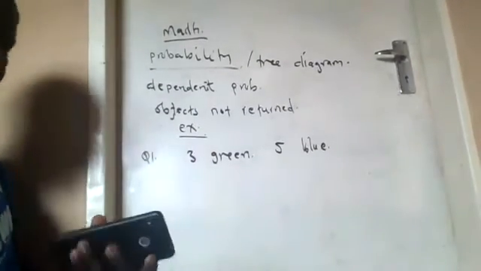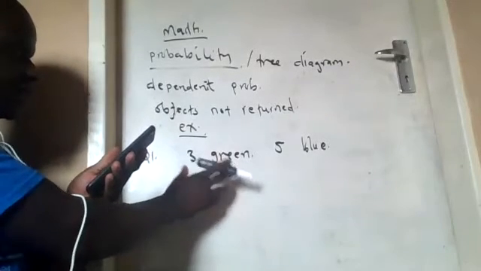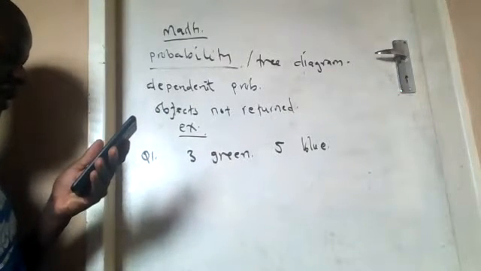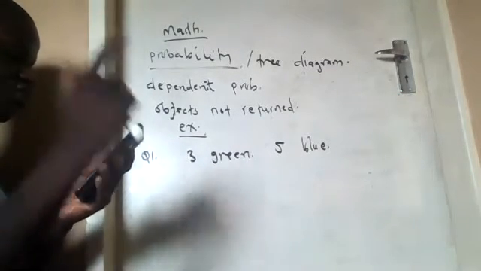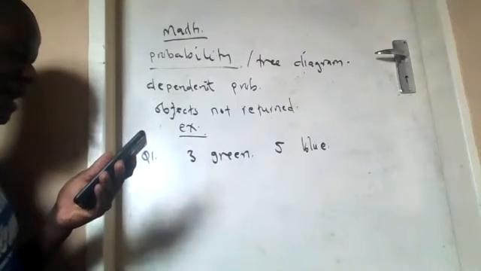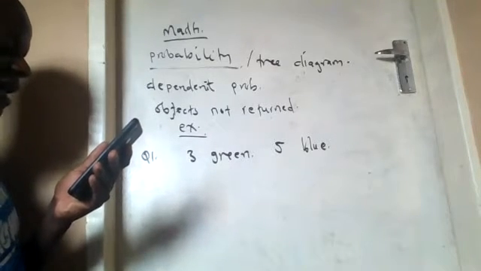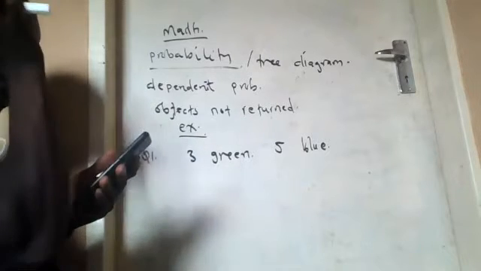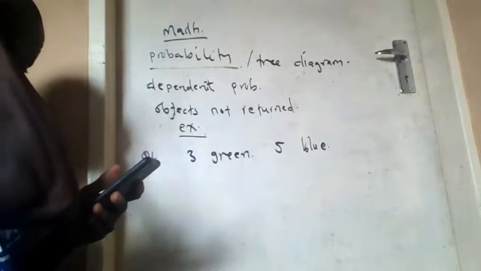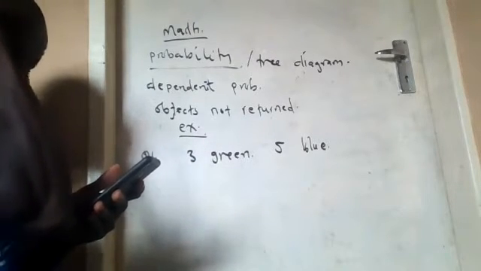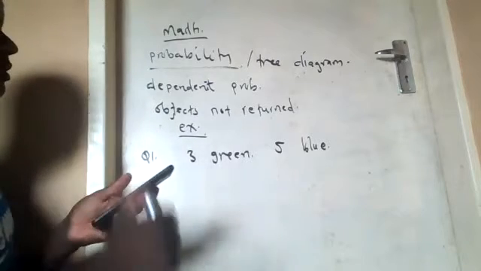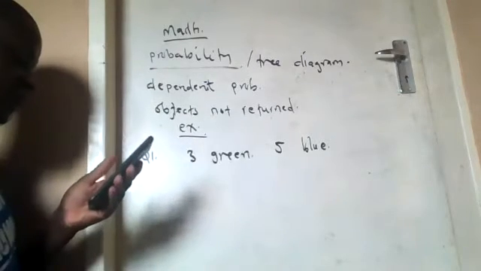But it has not ended there. We're just told the number of entities in the box. But they're saying 2 discs are picked at random, one after the other, and each color is then replaced. No, change that. Say it is not replaced, because in dependent probability objects are not returned.